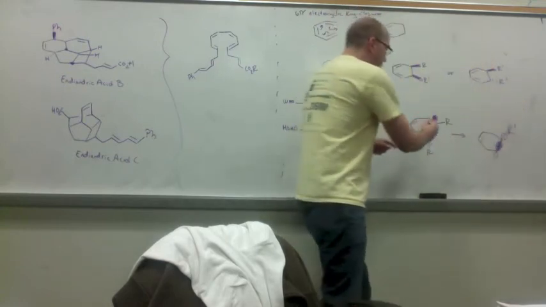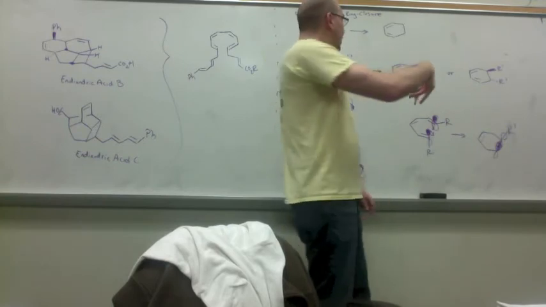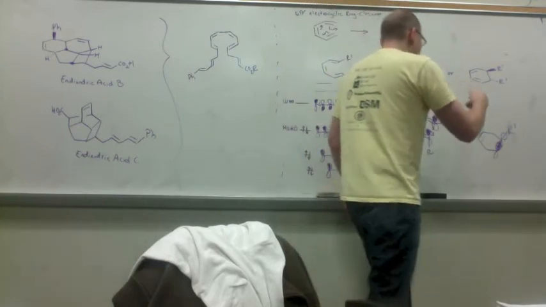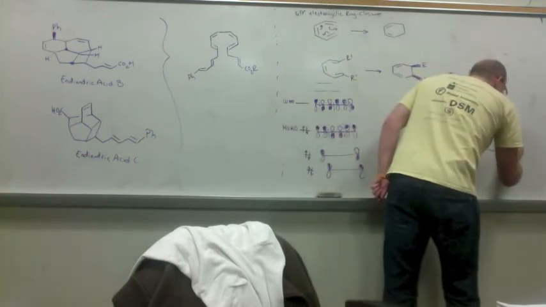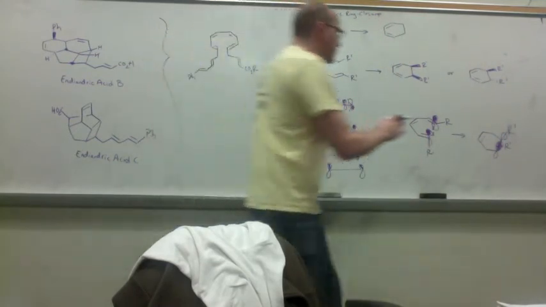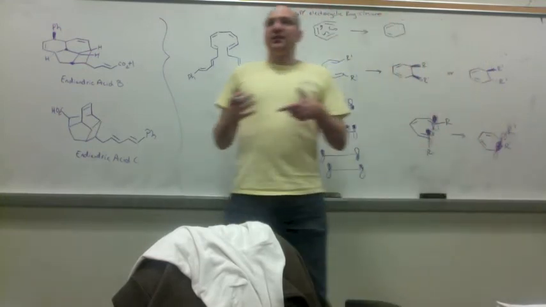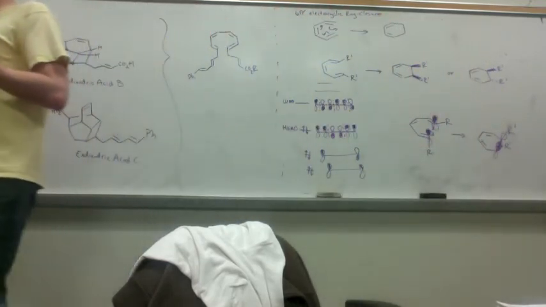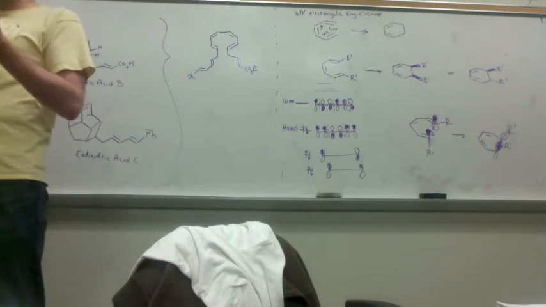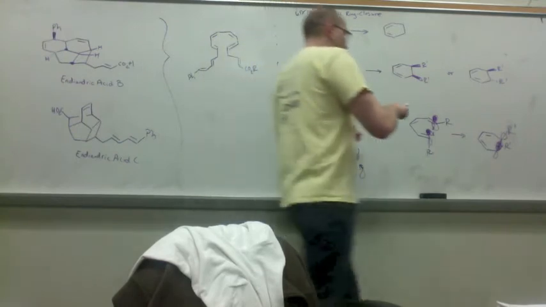And again, over here we have the hydrogen, but as that flips forward, that R group is going to come up. Okay? So in a thermal process, the stereochemistry that we're going to get is going to be contingent upon what we call a disrotatory process. So this is what we would call disrotatory.